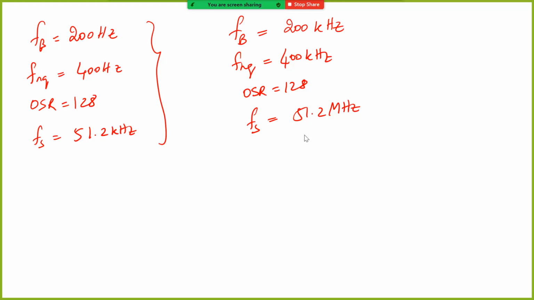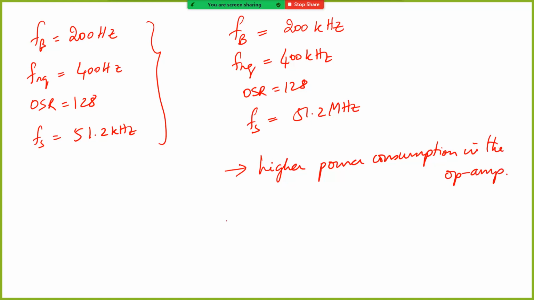And so when you want things to happen very fast, you need to burn more current in the op amp, so higher power consumption in the op amp. And secondly, what else do you need to do?